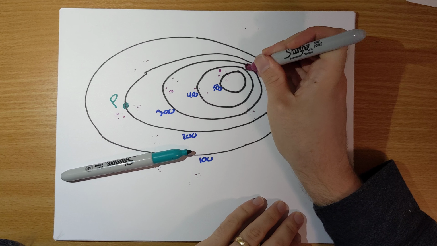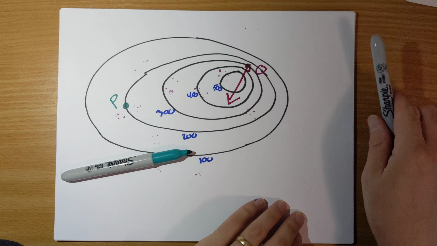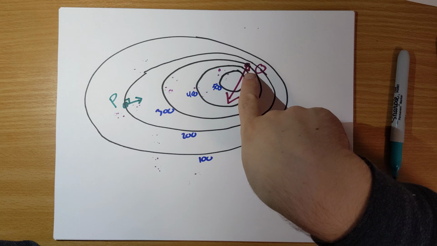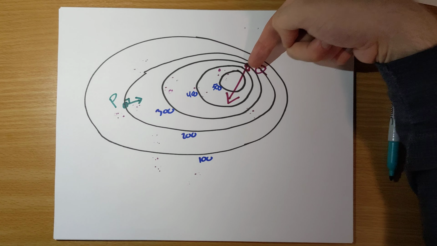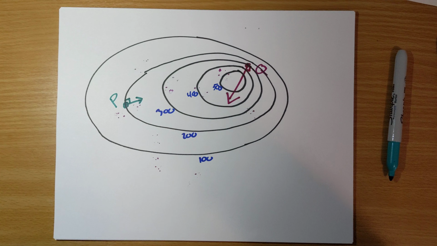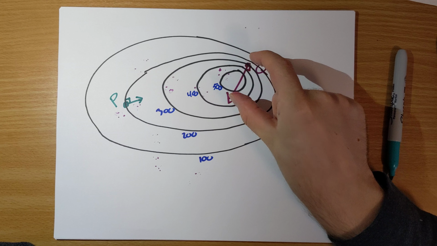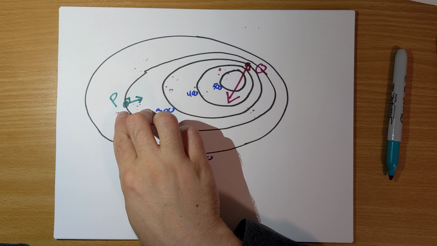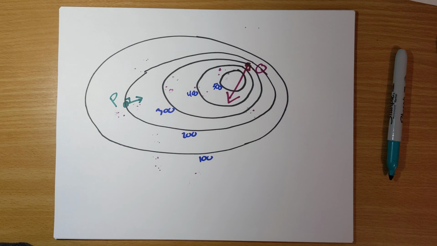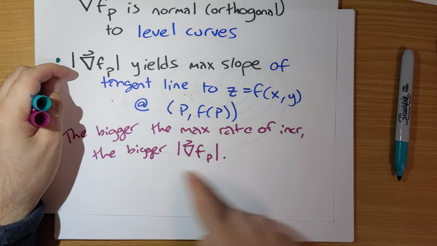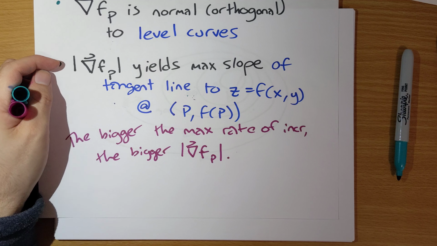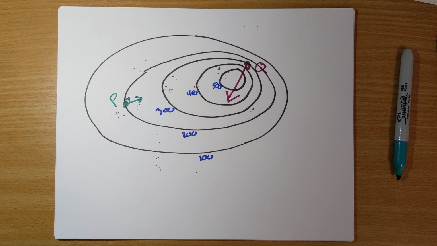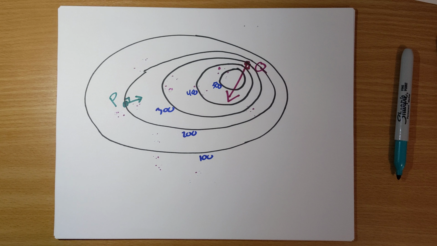And so we might not know exactly how long to draw it, but we really had better draw both of these orthogonal to the contours. But here, we are going up the hill a lot more quickly at Q than we are at P. So using this fact, the bigger the maximum rate of increase, the faster we're going up the hill, the longer the gradient needs to be here compared to here.